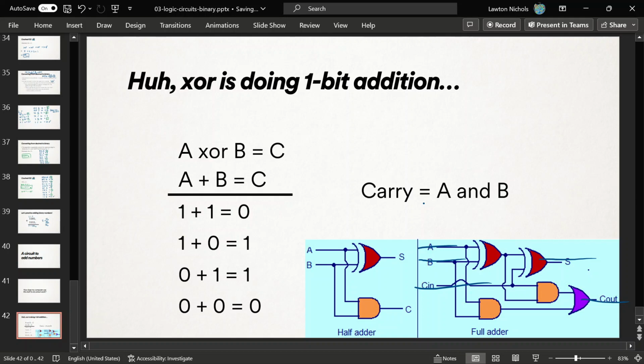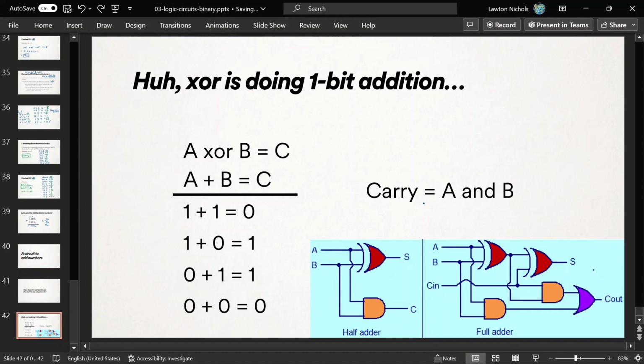If you just chain these things, called adders, together, you have 32-bit addition, 4-bit addition, very, very simply in front of you, which is crazy. And so I don't want to go too far into this, but this is what computers are doing. The exclusive OR gate is doing addition secretly, and it's just being chained a bunch of times with wires in all the right spots.